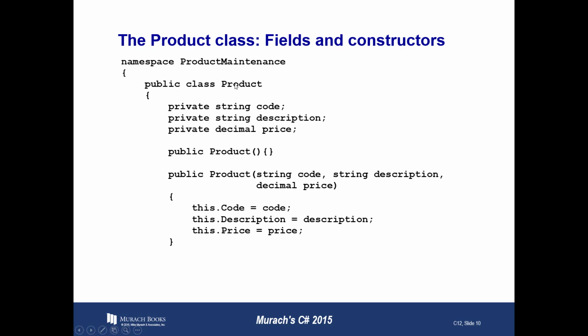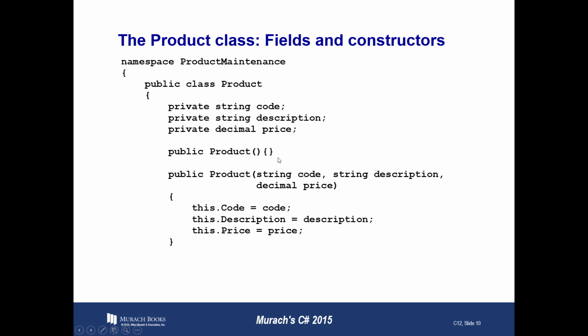If you remember earlier in the last lecture, when I gave you my very quick little definition of object orientation, I said private data manipulated by public methods. So here's our private data: a string representing a unique product code, a string representing the product description, and a decimal representing the product price. We also have 2 different constructors here.